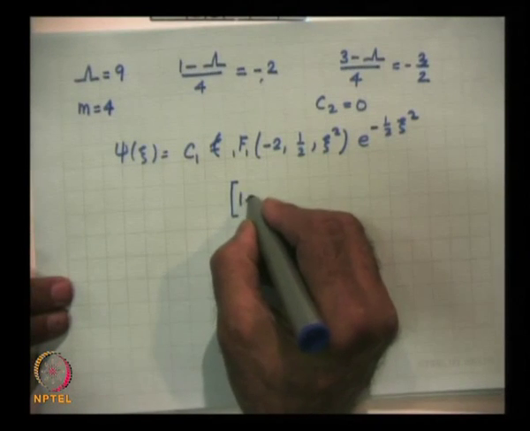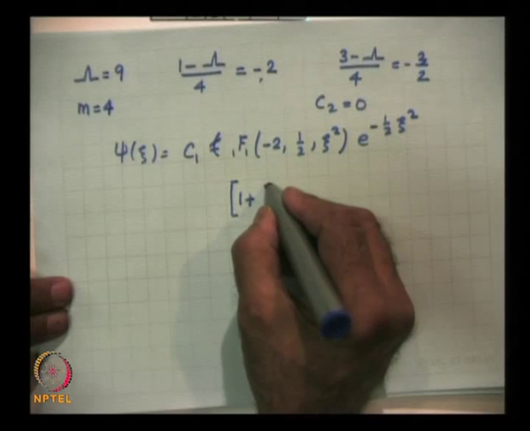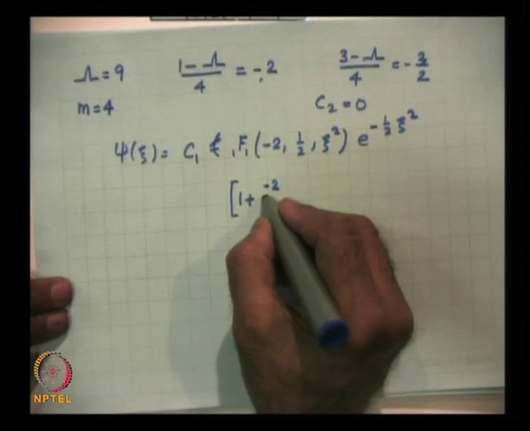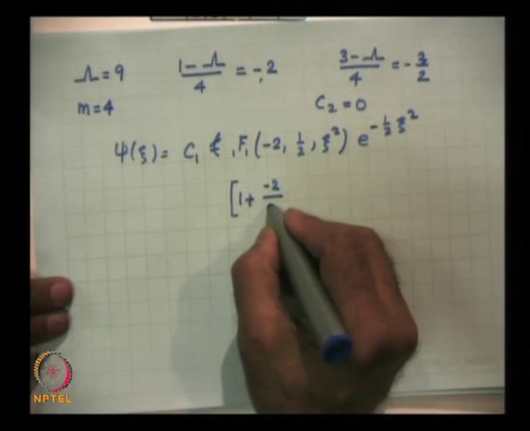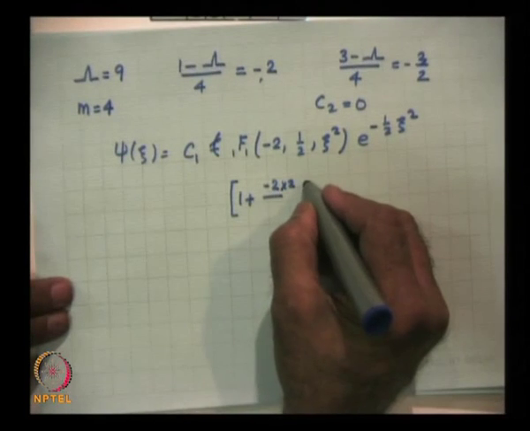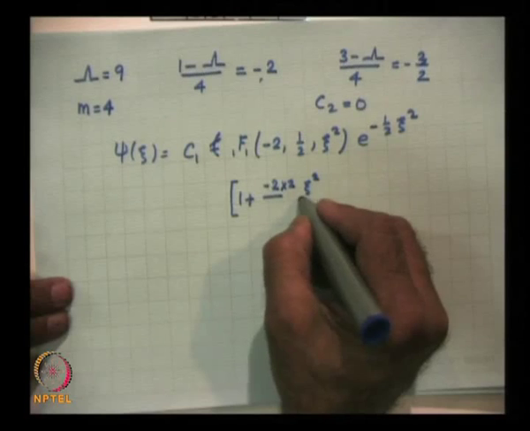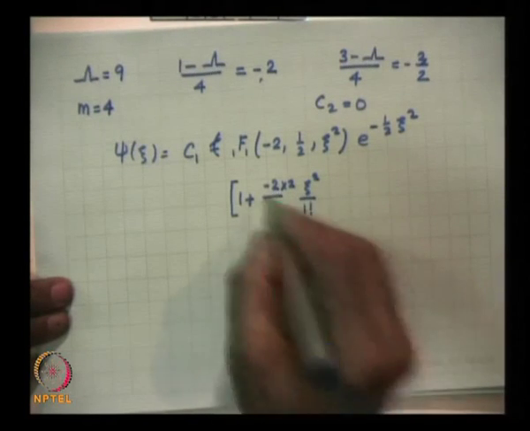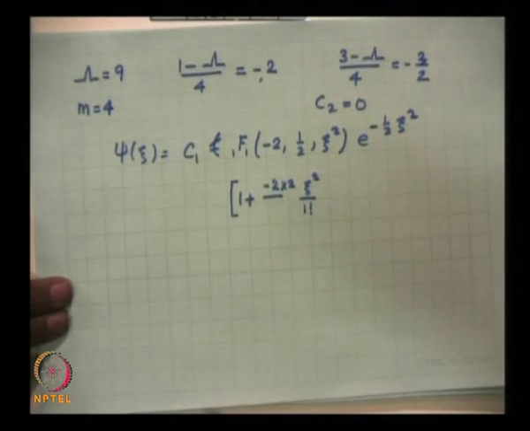1 plus A, that is minus 2 by C, that is 1 by 2, xi square by factorial 1. So, 1 minus 4 xi square.